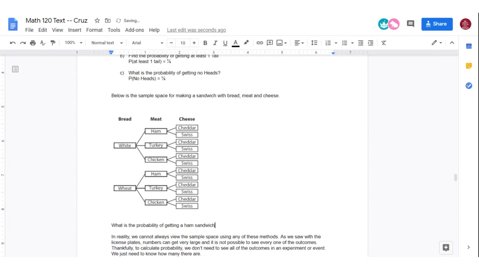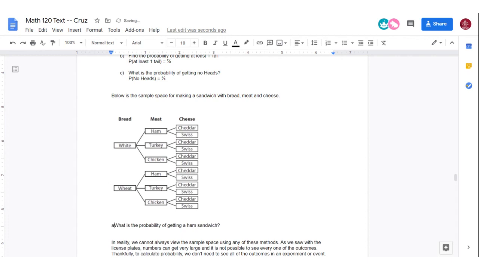Okay, let's just say the first one is simple. What is the probability of picking a ham sandwich? Well, first of all, look, how many different sandwiches are there? Types. 3. 2 times 3 is 6, and then times 2 is 12 different sandwiches, right?